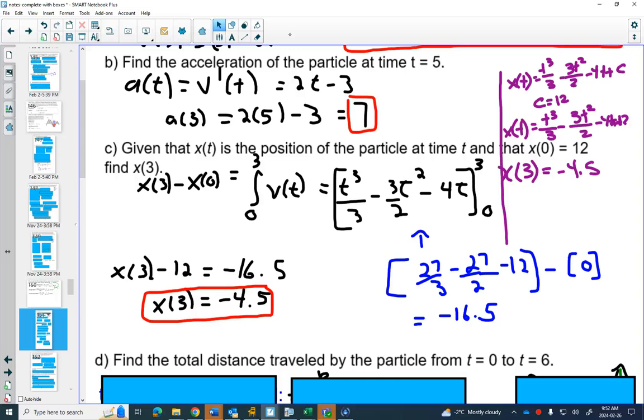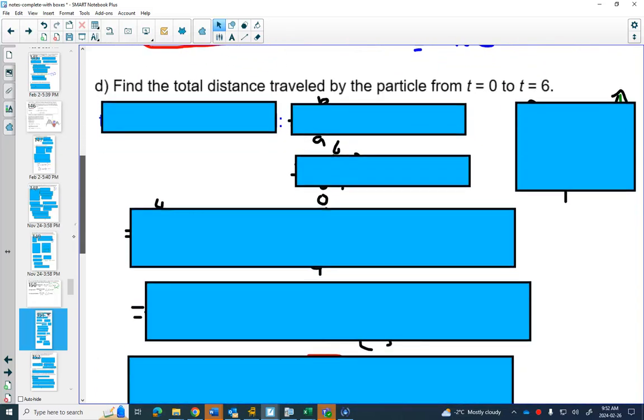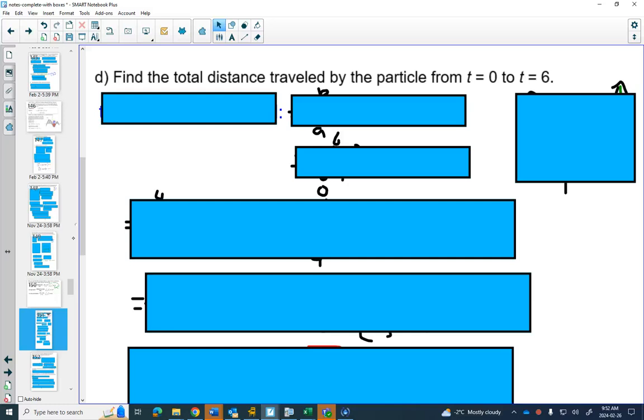And solving this, I get negative 16.5. Therefore, I can just plug things in to get my value. And then in D, find the total distance traveled by the particle from time equals 0 to time equals 6.